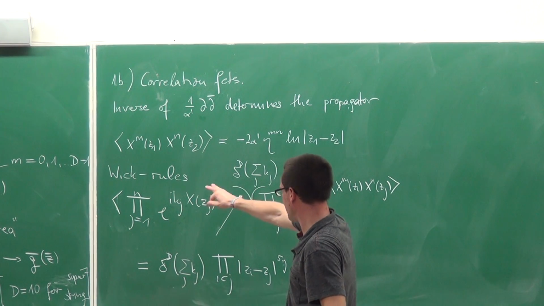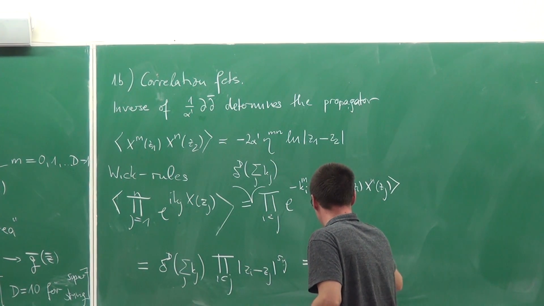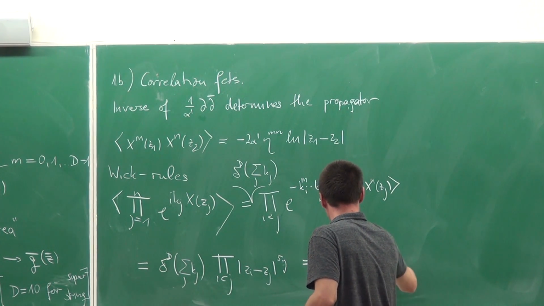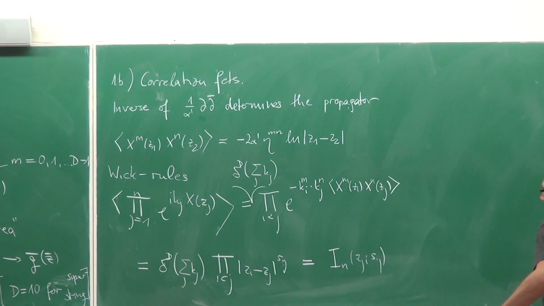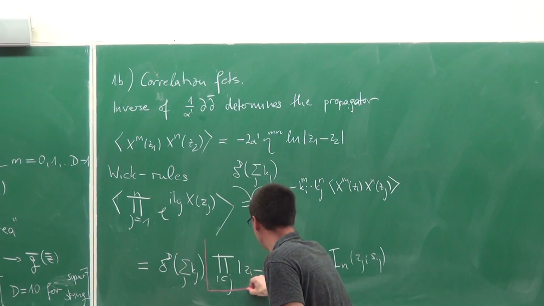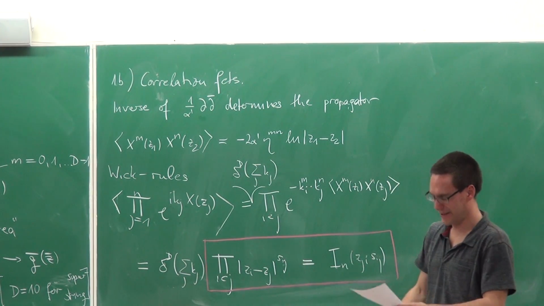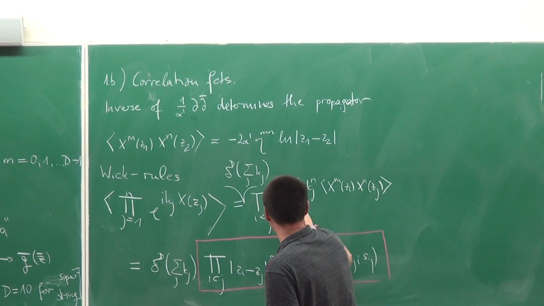Okay, but as I said, this is a very important object, so let me therefore introduce a notation for it, since we will use it zillions of times. For this product of all differences, I will use the notation capital I and refer to it as the so-called Koba-Nielsen factor.